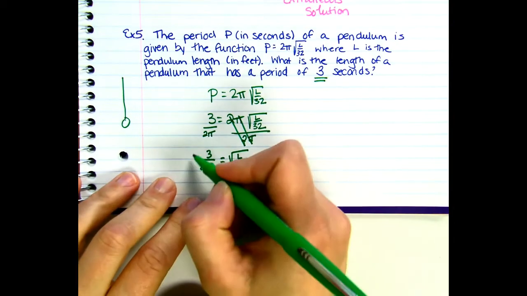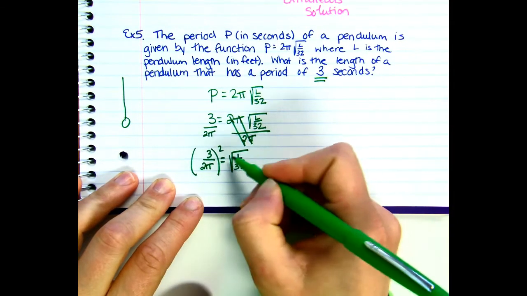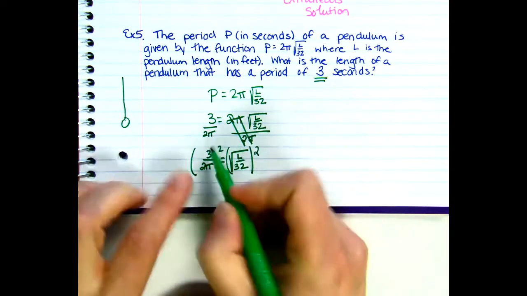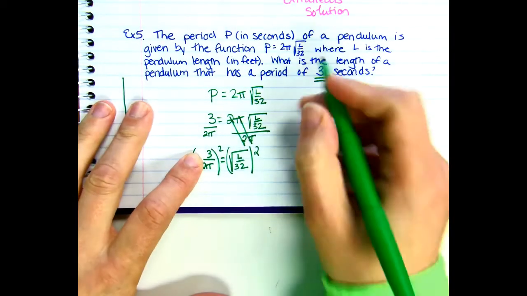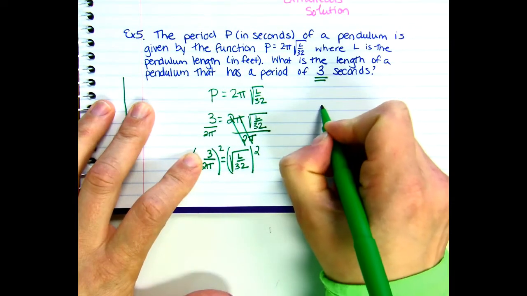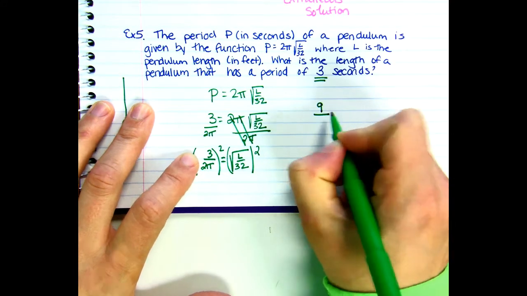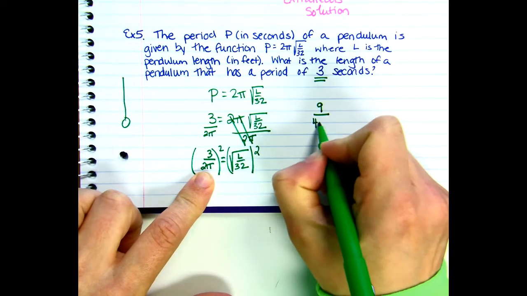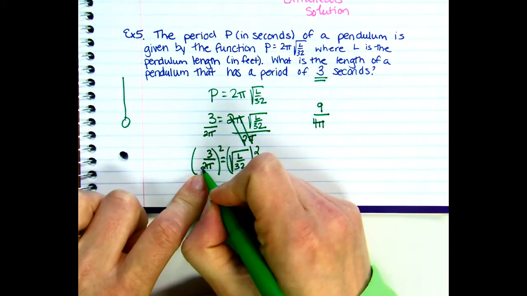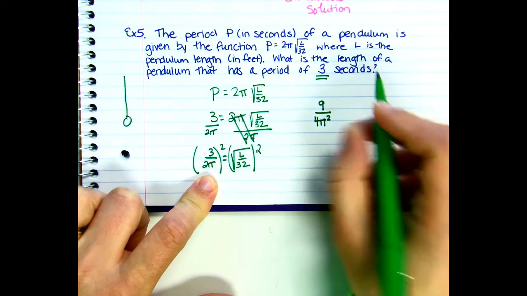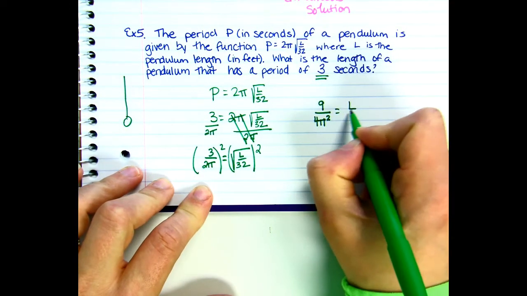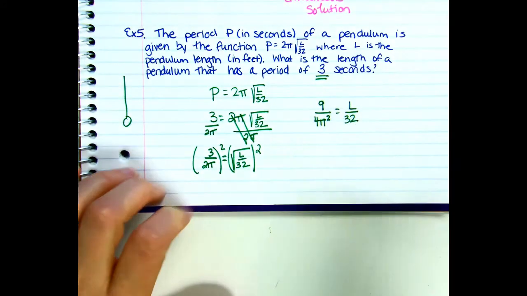Now to undo the square root, I'm going to square each side. 3 squared is 9. 2 pi squared is 2 squared, which is 4, times pi squared. And that's going to equal L over 32.